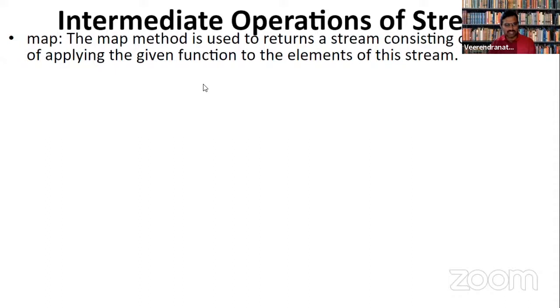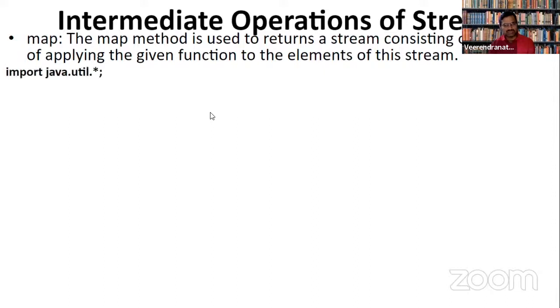The map method is used to return a stream consisting of the results of applying the function to the given element. I have a function, and that function is mapped to all the elements.